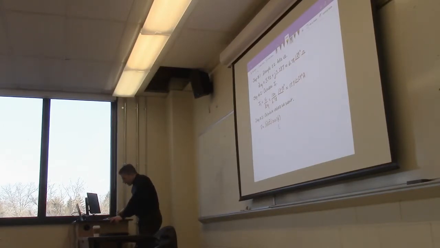Because the power factor angle is equal to the angle of V minus the angle of I. And so that gives us 0 minus a negative 29, which is a positive 29 degrees.